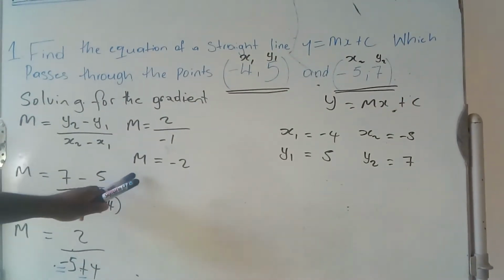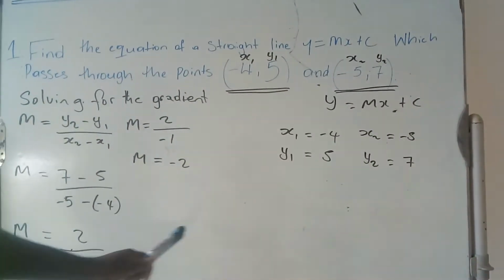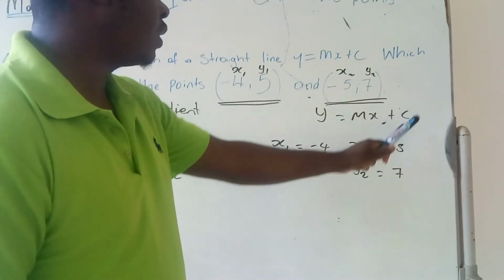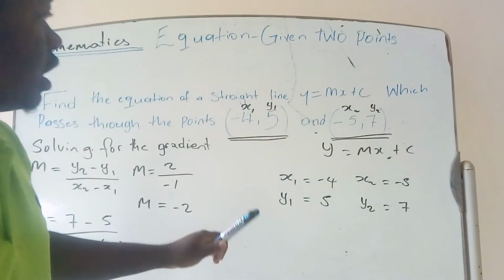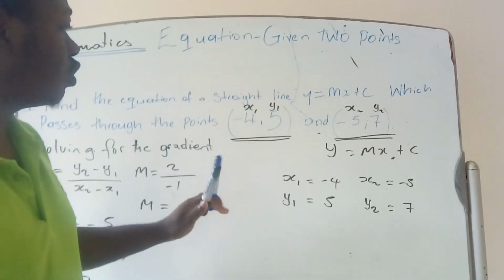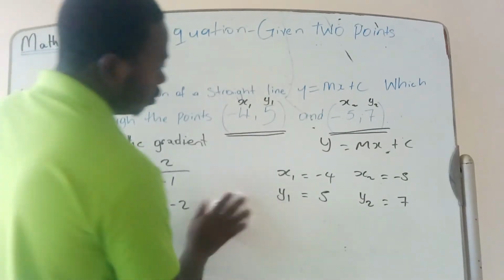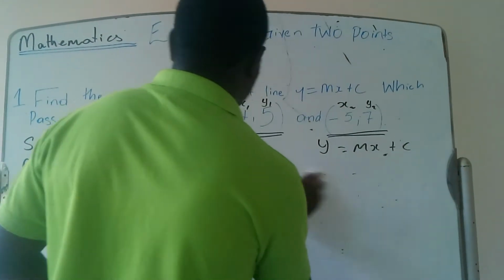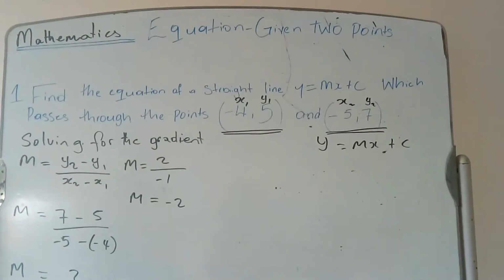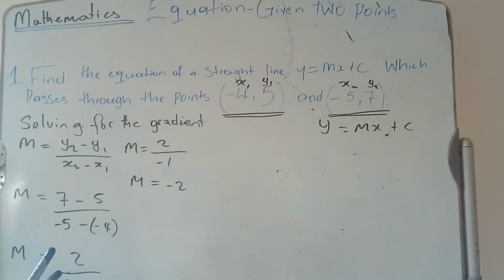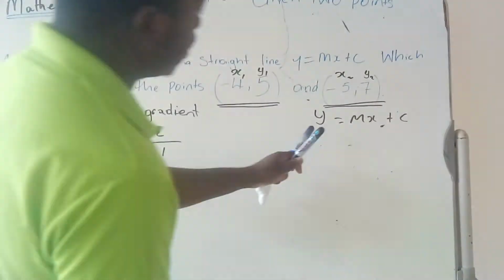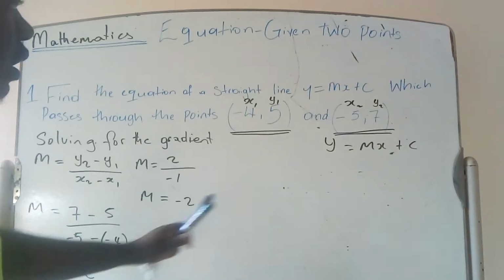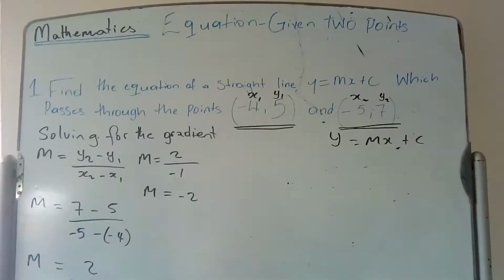Now that we have the value of m, there is only one unknown that is left, and that is the y-intercept, which we call c. And the y-intercept means where the line touches or passes through the y-axis. Now there is no formula to find the y-intercept, but because we have the equation which is y equal mx plus c, we can put the value of m in the equation and then solve for c.